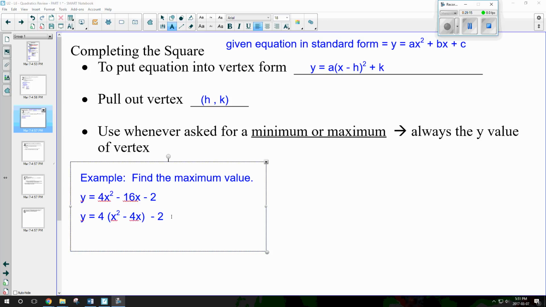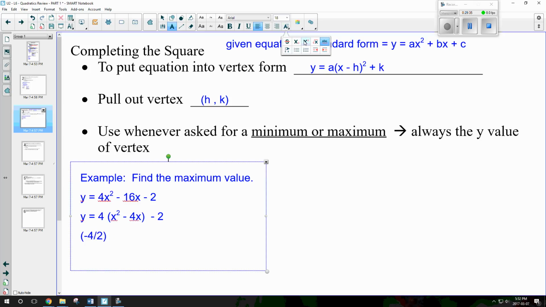Okay, so now our second step is, remember, to take the term in front of the x, which is the negative 4, divide it by 2, and then square it. So negative 4 divided by 2 gives us negative 2, and then we have to square it, and negative 2 squared is 4.